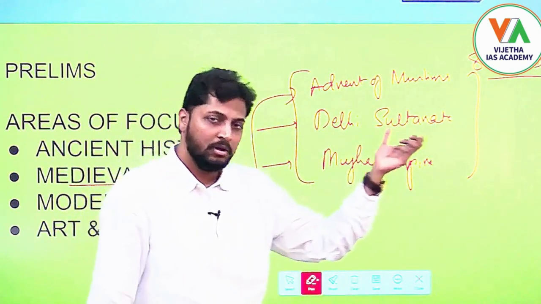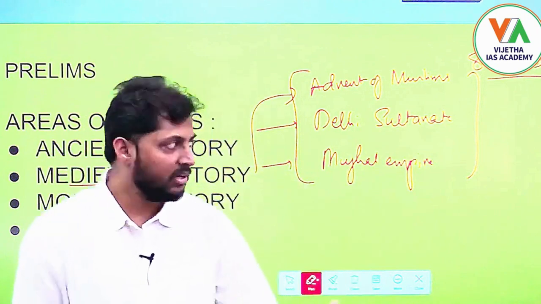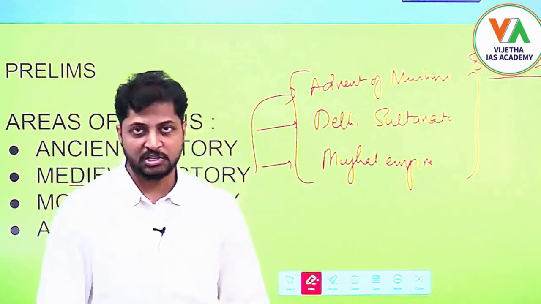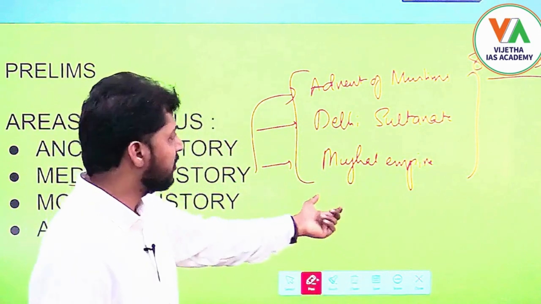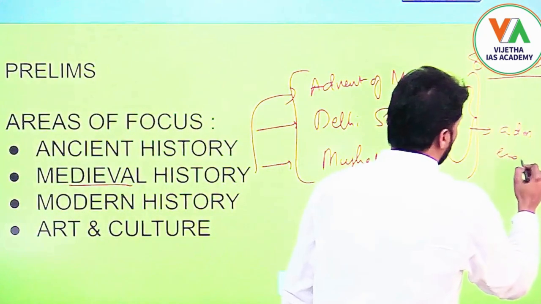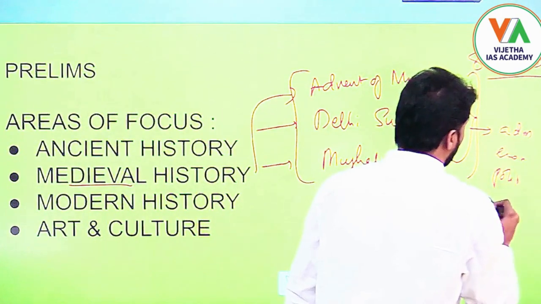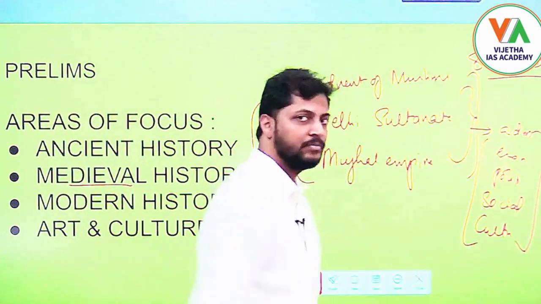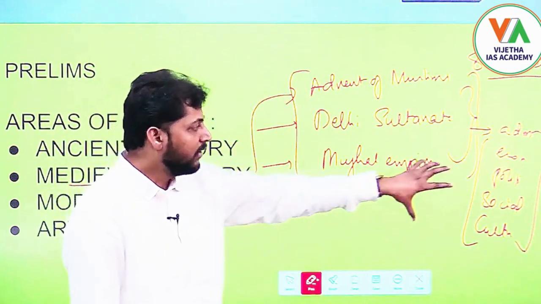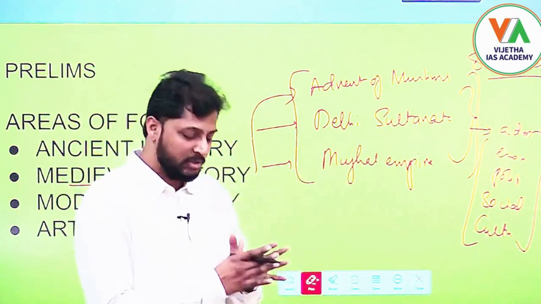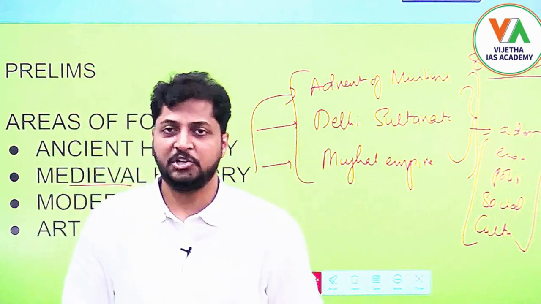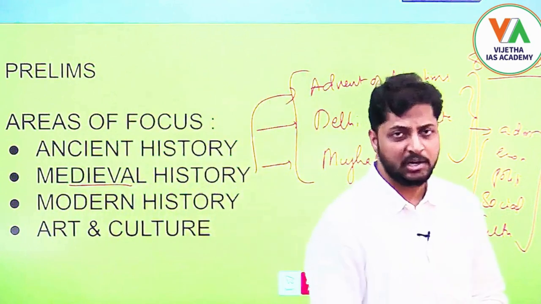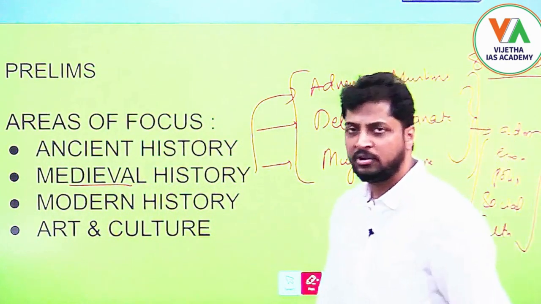And then after, with the beginning of the 13th century CE, the Delhi Sultanate was established, right? And then in the 16th century CE, the Mughal Empire was established. So we look at administrative, economic, political, social and cultural aspects. That's it. If you focus on these areas, see, history particularly for the UPSC examination is not about understanding political lineages or political setup or remembering various kings and queens. It's not that.